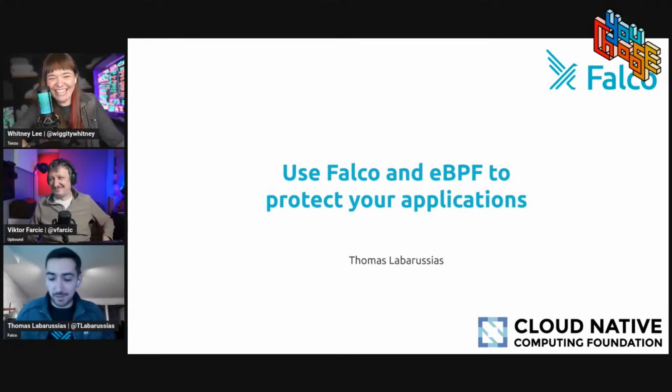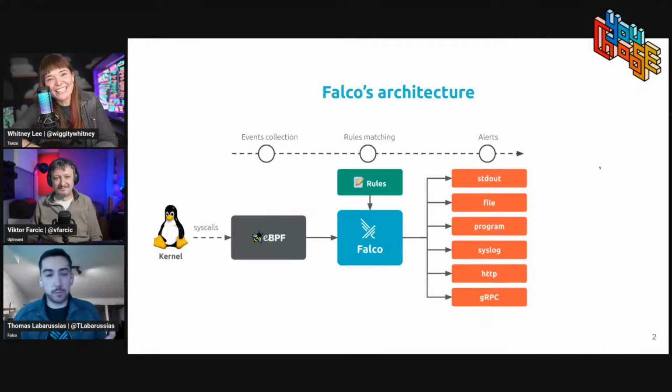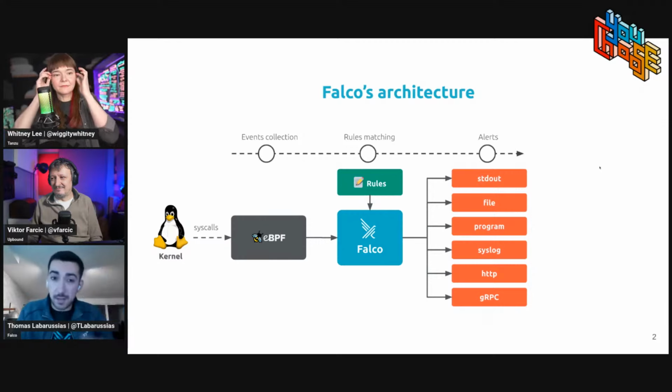So I will be quick. It's not easy to have a speech for only 5 minutes, but basically I will introduce to you what Falco is, how it works, and what we can do with it. As Victor explained before, Falco is based on the collection of syscalls at the kernel level. We use eBPF to collect the syscalls.